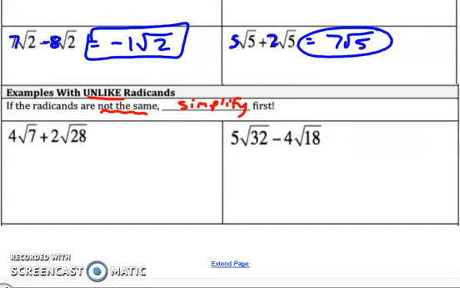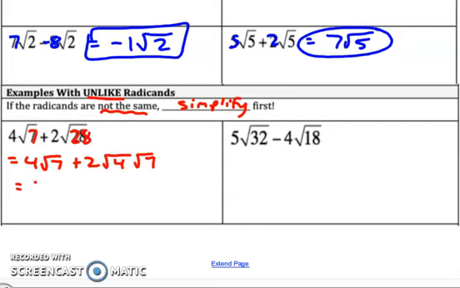So, in this one, we have 7 and we have 28, and those are different. The square root of 7 can't be reduced anymore because there's no perfect factors that go into 7. But the square root of 28 can be written as square root of 4 times the square root of 7. Okay, 4 goes into 28 7 times.